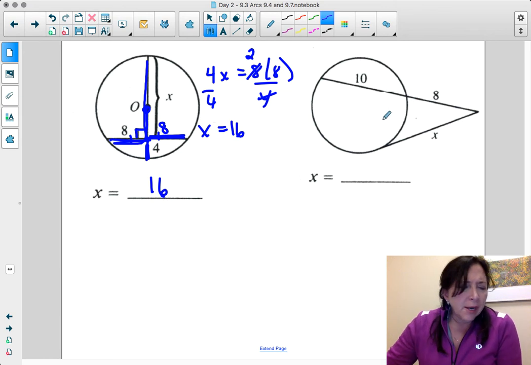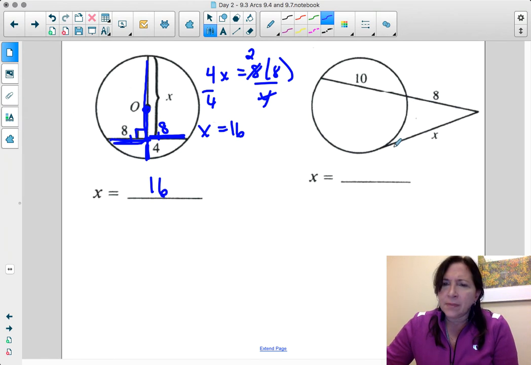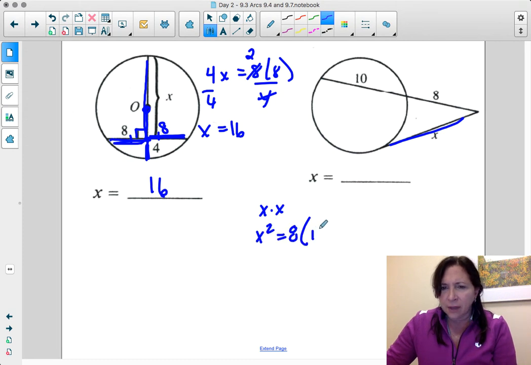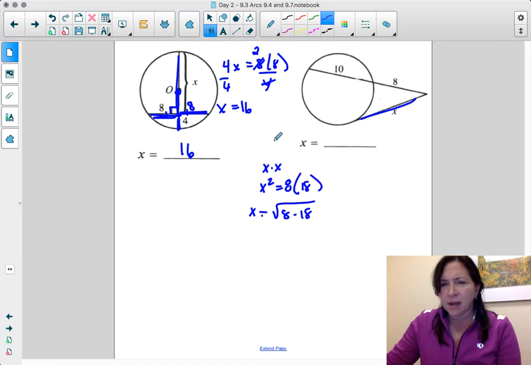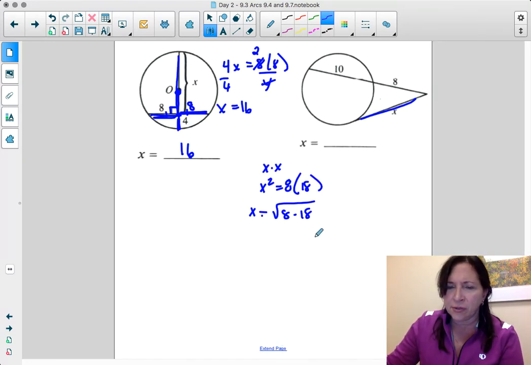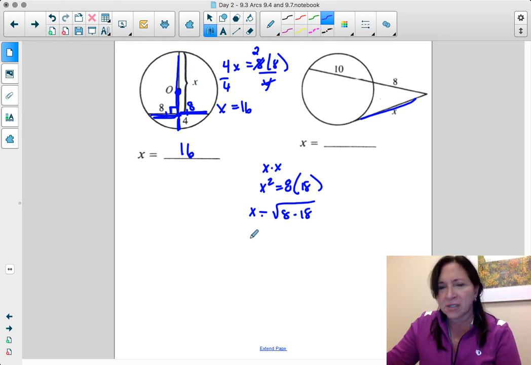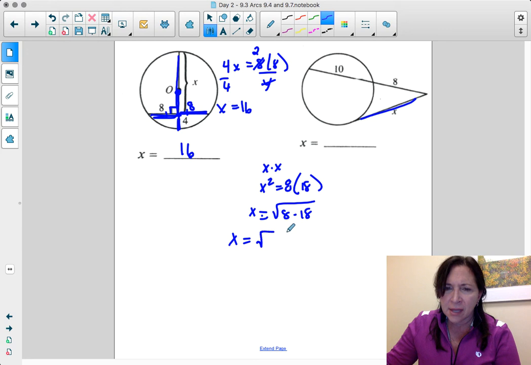For this problem right here, we have outside. So we've got x times x, which is x squared, is equal to the outside times the sum, which is 18. So x equals the square root of 8 times 18. I'm not going to multiply those out, just to reduce them again. So I'm just going to reduce these in my roots. So we have x equals, let's see, 8 is going to be 4 times 2. Thinking perfect squares, 18 will be 9 times 2.